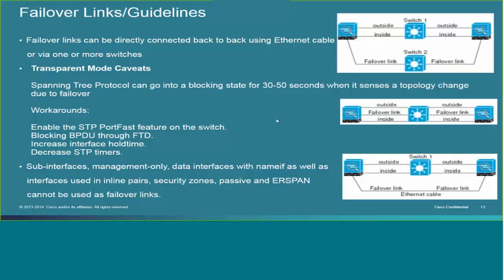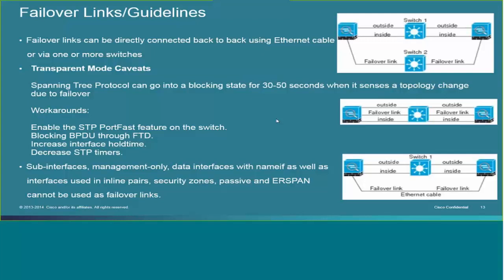But as soon as there is a failover, it is possible that the new active will start seeing BPDUs across the new active firewall, and the switch ports might end up going into blocking state because STP will detect a topology change. So the workarounds that we apply in such situations are, first, on the firewall we could just block the BPDUs by applying an access list, and that should do it.